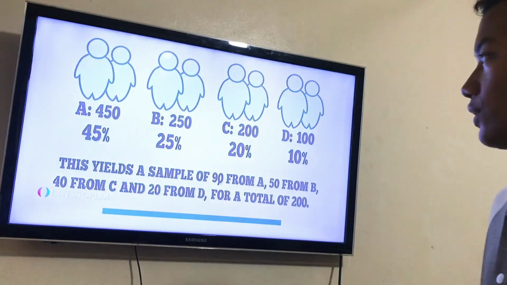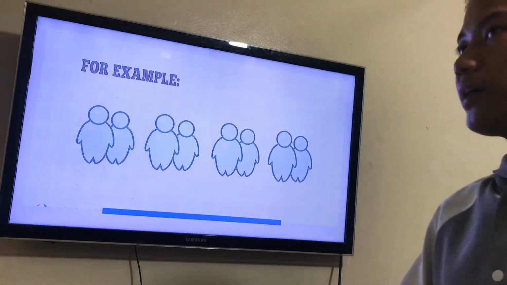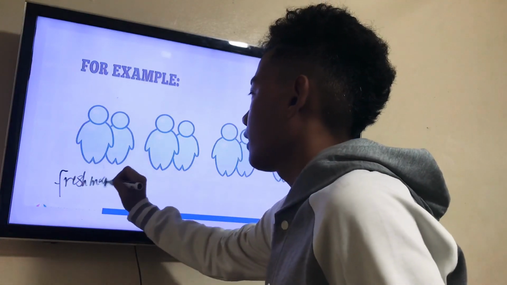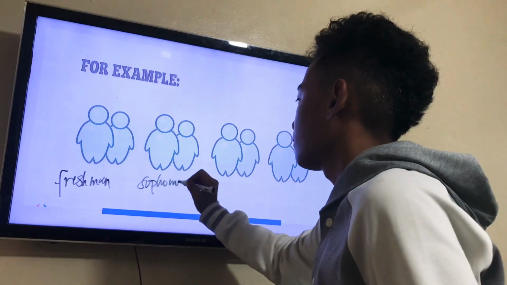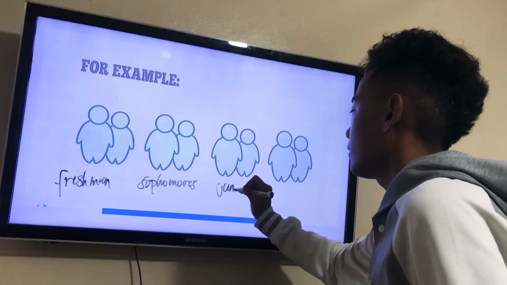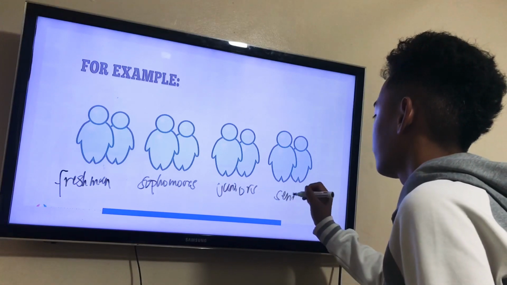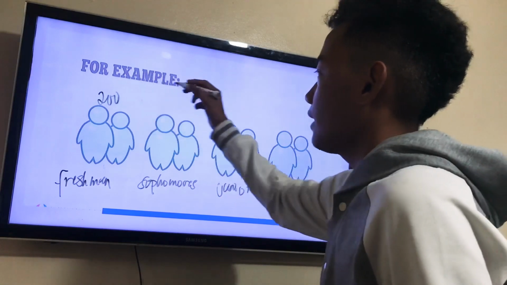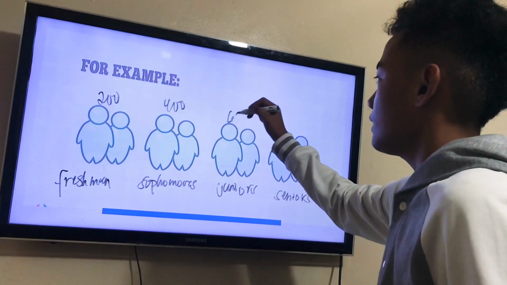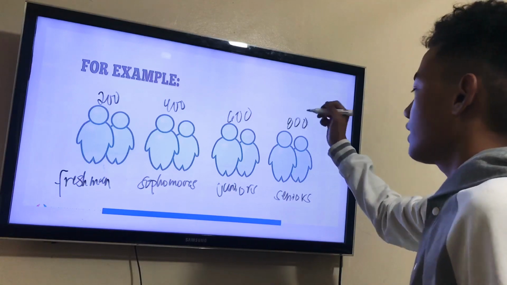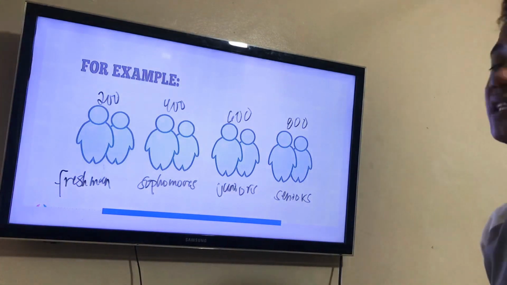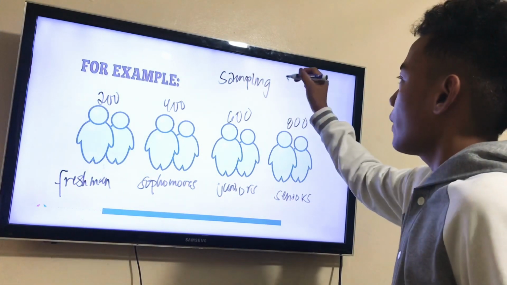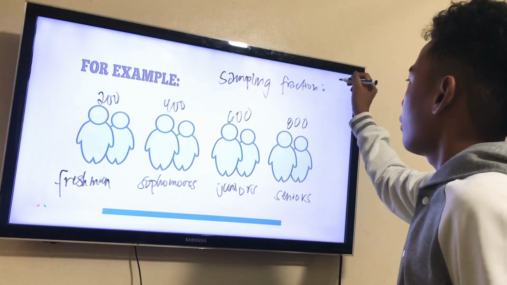So, for example, let's use my example a while ago. Let's say the first strata is the freshmen. This is the sophomores. This is the junior. And the seniors. Let's say that we have 200 freshmen, 400 sophomores, 600 juniors, and 800 seniors. So let's say I pick the sampling fraction of 1/2.